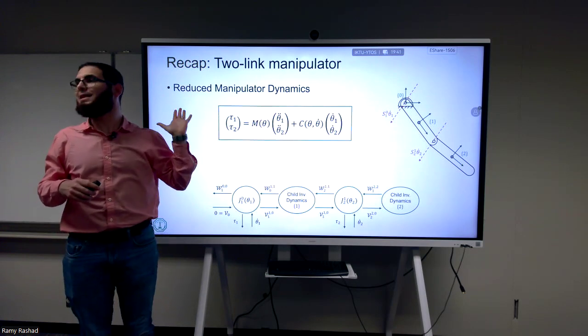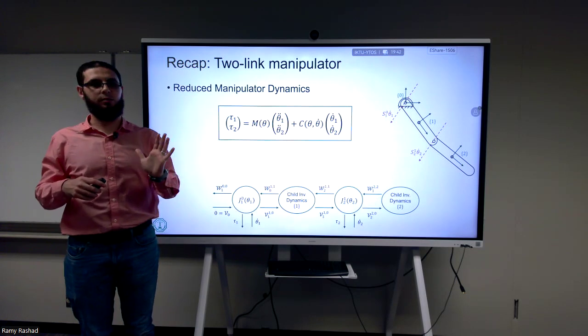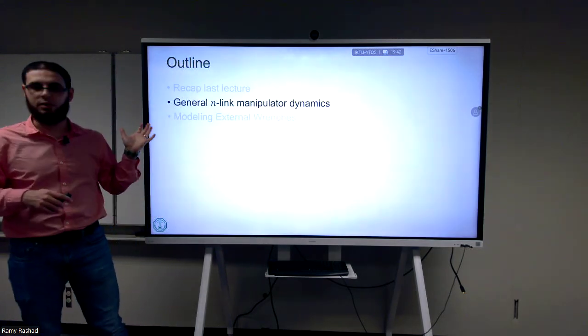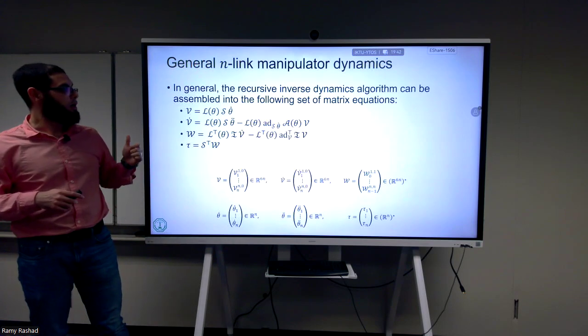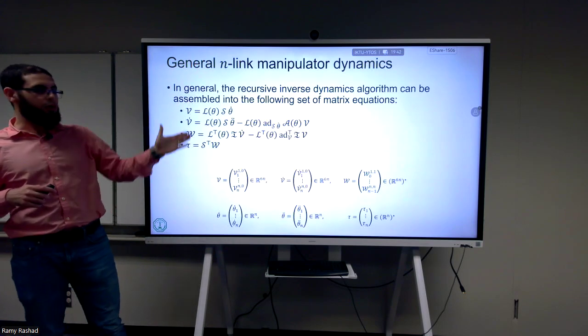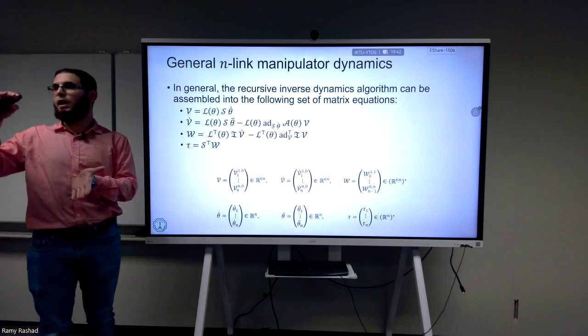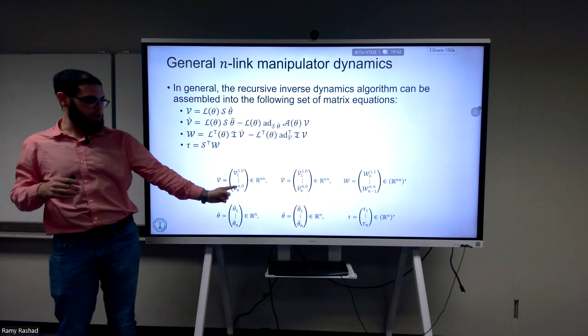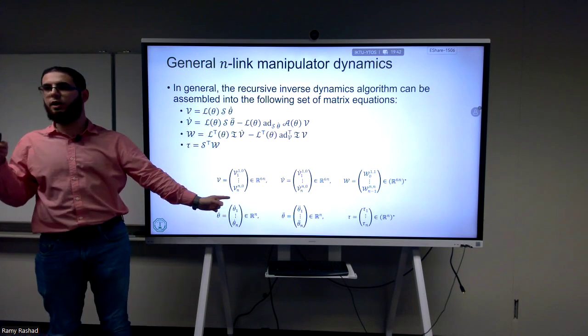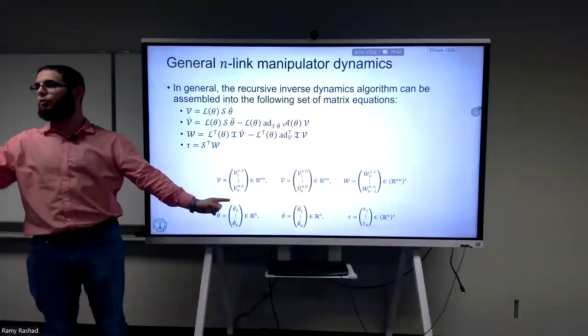What we did last time is easily extendable to n rigid bodies, to an n-link manipulator. This is what I'm going to show you right now, which is also a revision of what we did last time. I showed you how you can write all the equations together in a compact form. V here is the combination of all of the twists: V1, V2, V3, up to Vn.